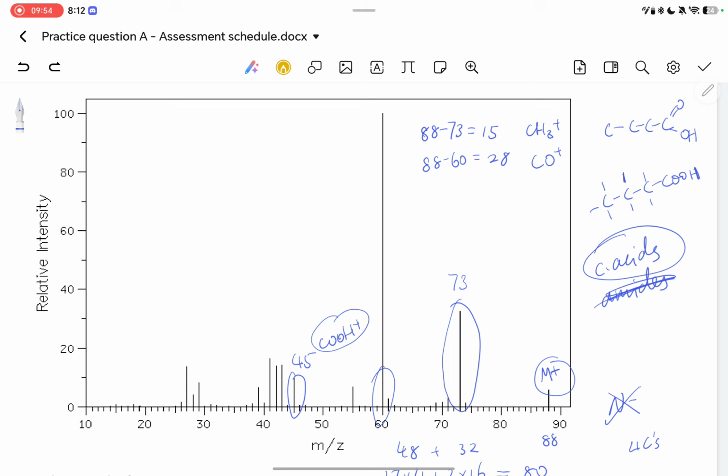And now there's another one we could look at, which is 88 minus 45, because we can look at what the other product is when COOH plus is lost, and that is 43. At 43, there is a peak. And if we look at our data sheet, that indicates C3H7 plus or CH3CO plus, which is not too helpful because we know it's not an alcohol.